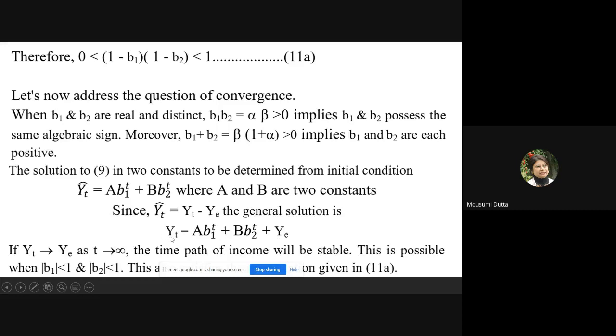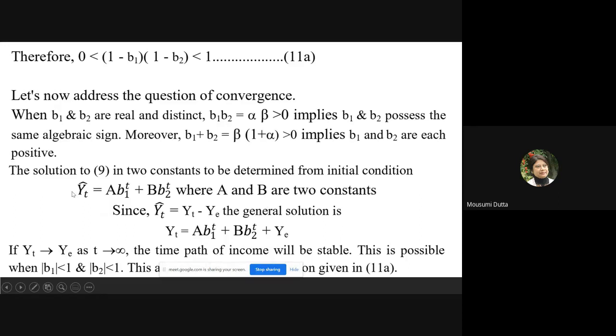The time path is equal to the CF part plus PI part. In case of first order difference equation, separately we found yt is equal to A b to the power t kind of matter, and then we added the PI part.